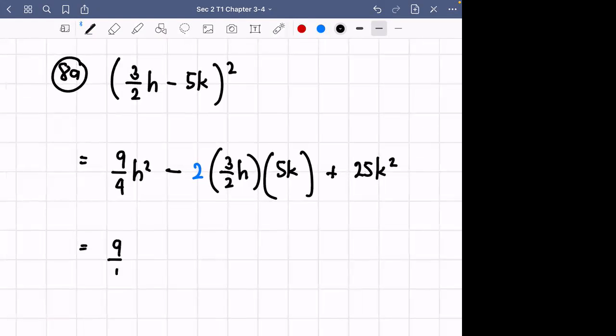We have 9 over 4 h squared minus 2 times 3 halves times 5, which gives you 15hk. If you're keen, you can cancel the 2 and the 2. Plus 25k squared. That's it.